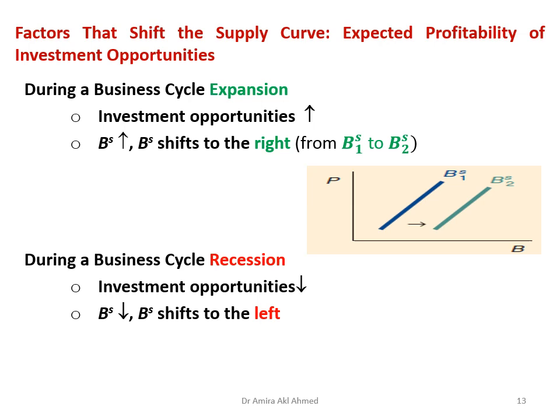In such a rapidly growing economy, the supply of bonds by firms increases to finance these profitable investments. Hence, the supply curve of bonds shifts to the right. On the other hand, during a recession, in which there are far fewer expected profitable investment opportunities, the supply of bonds falls and thus the supply curve of bonds shifts to the left.